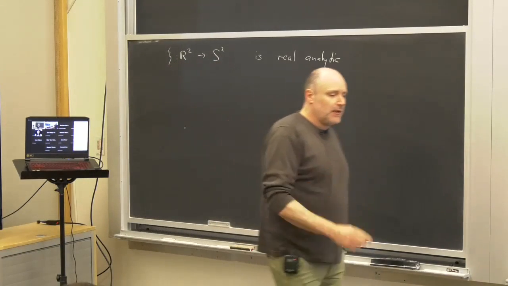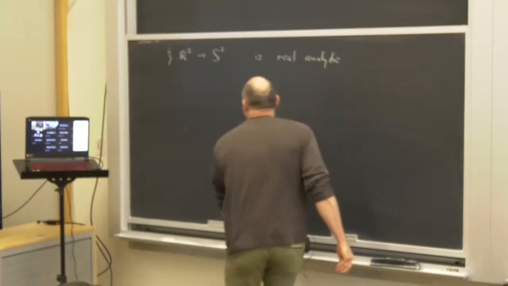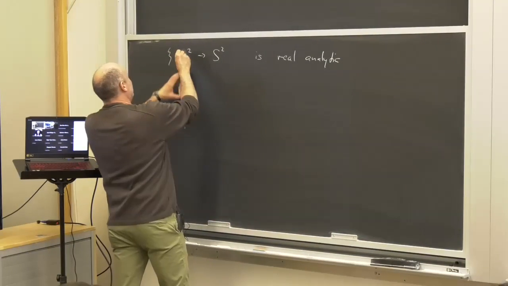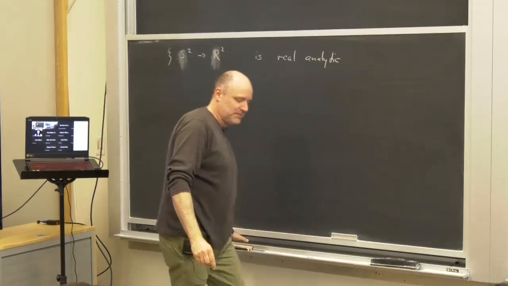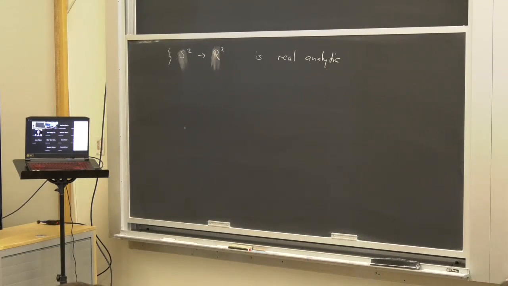Okay. And so in this situation, I would like to study from S2 to R2. From S2 to R2, yes. Good point. It's on S2 into R2, the tangent space at every point.